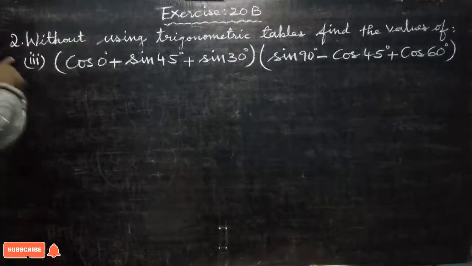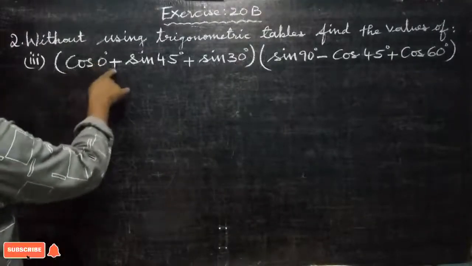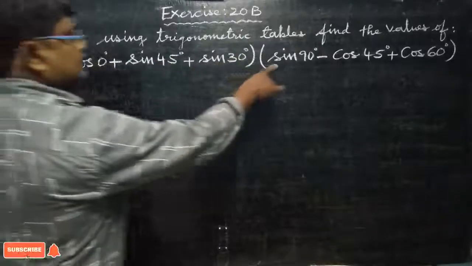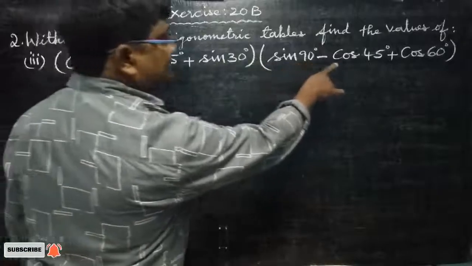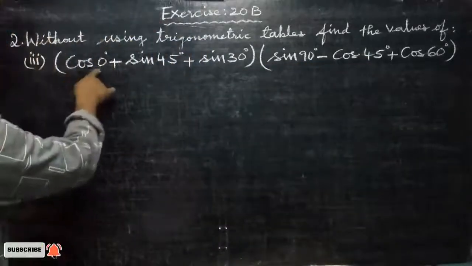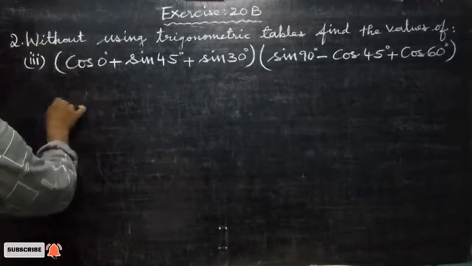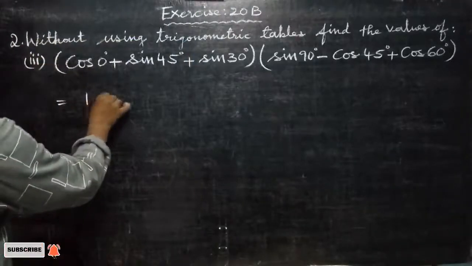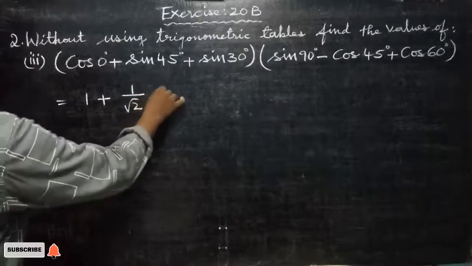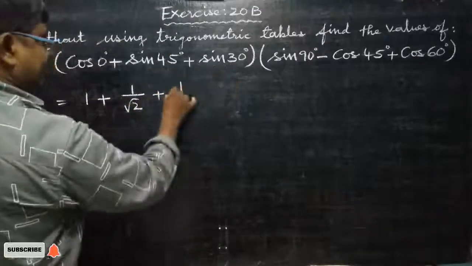Now second problem, third bit. Cos 0 degrees plus sine 45 degrees plus sine 30 degrees, into sine 90 degrees minus cos 45 degrees plus cos 60 degrees. Cos 0 is 1, plus sine 45 is 1 by root 2, plus sine 30 is 1 by 2.